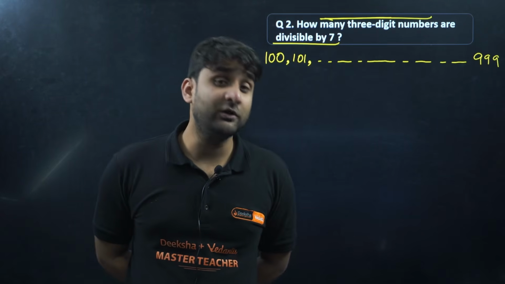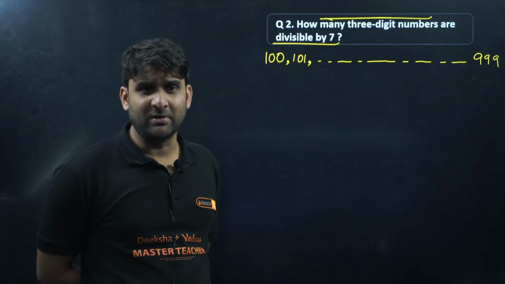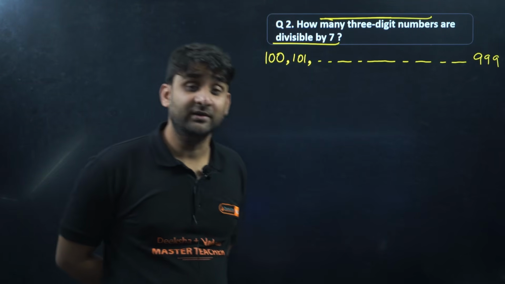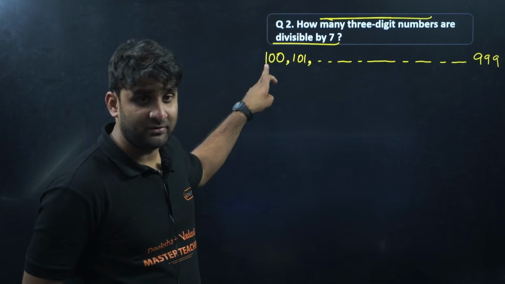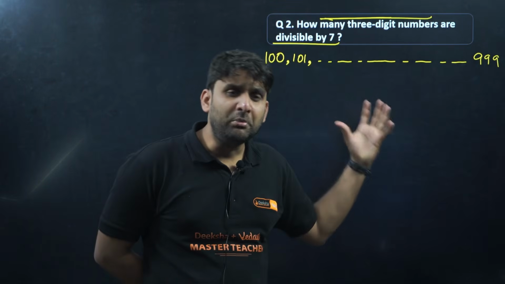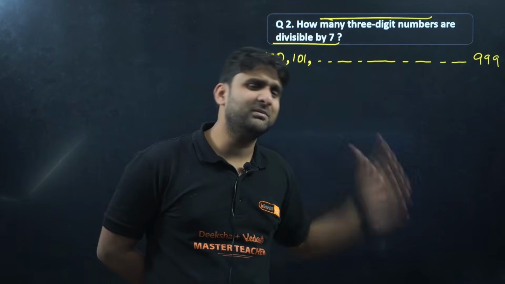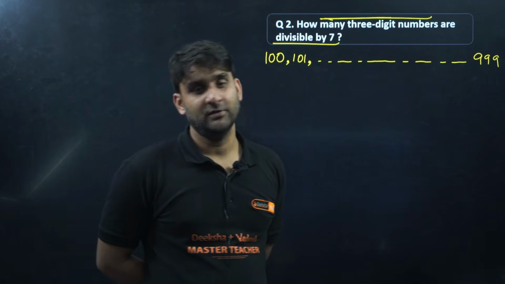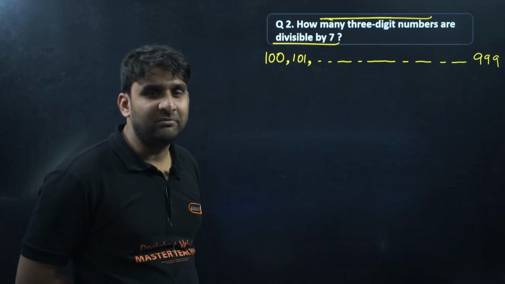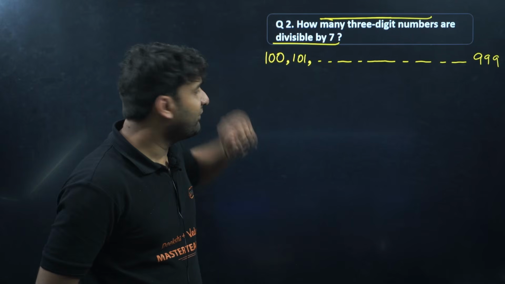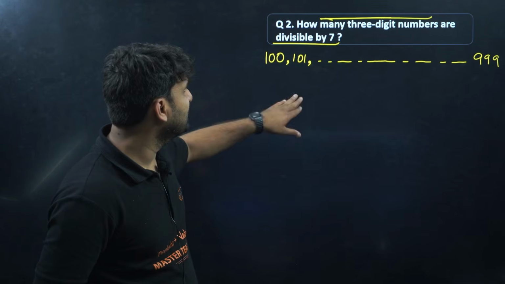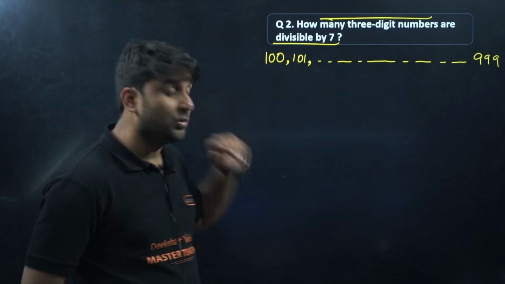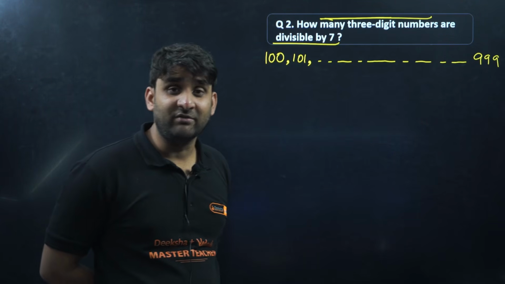But what we are looking for? We are looking for 3-digit numbers that are divisible by 7. Now decide from 100 to 999 which numbers are divisible by 7. 100 can't be divided by 7. 101 can't be divided by 7 because 7 1s are 7, 31 can't be cancelled by 7. 102 again can't be divided, and so on.